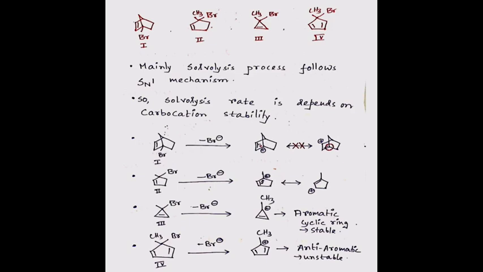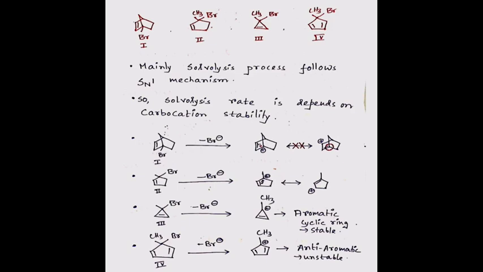That means a 2-step reaction. So the SN1 reaction mainly follows carbocation stability. So we can easily say that when the carbocation is very stable, the solvolysis rate is high. Okay, this is the main concept.